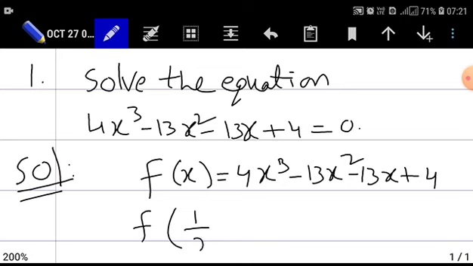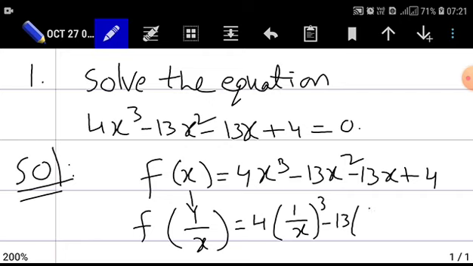In place of x, wherever we have x, we are going to substitute 1 by x. So here 4 into 1 by x whole cube, minus 13 into 1 by x square, minus 13 into 1 by x, plus 4.